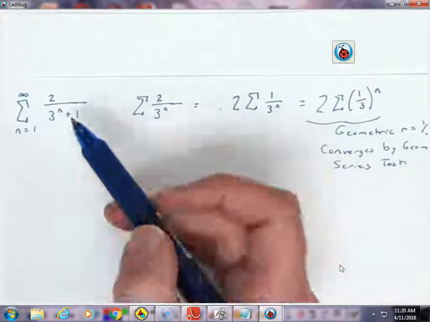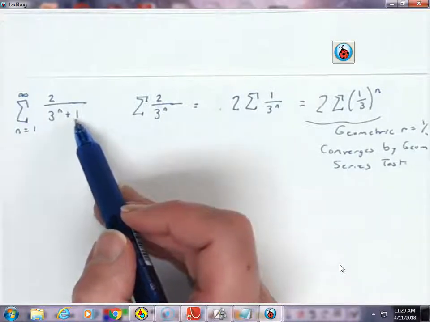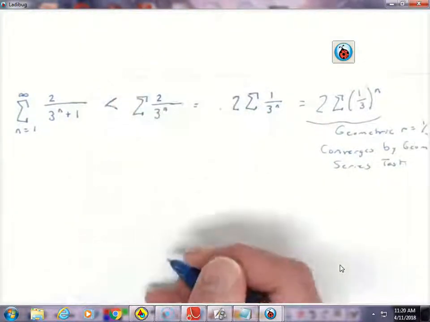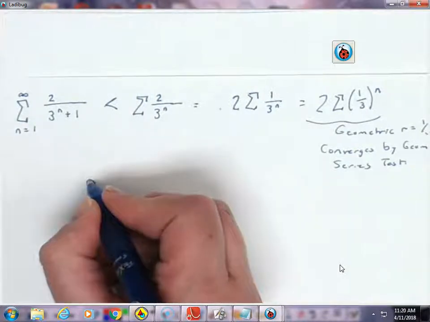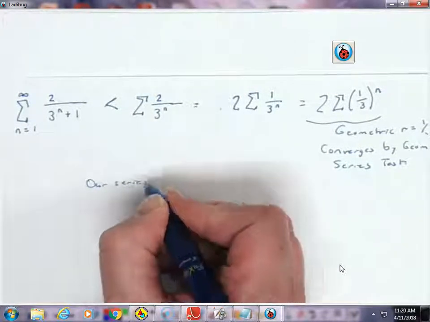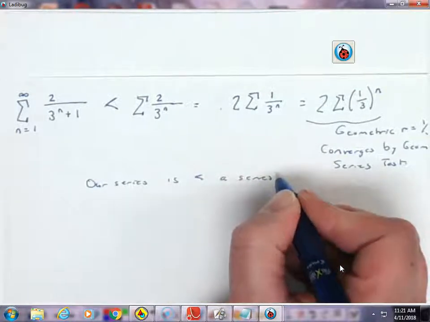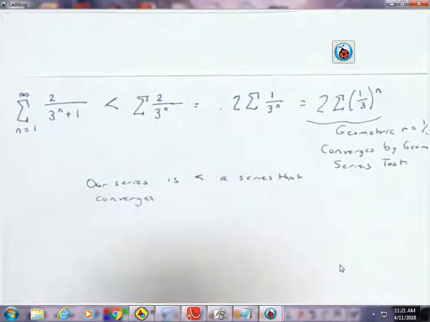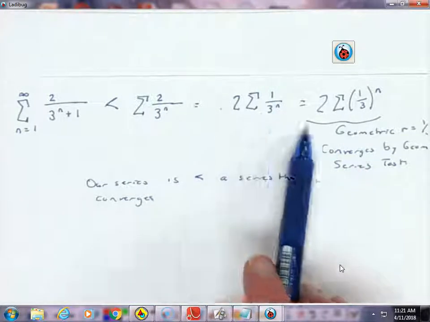So the next question is, which one of these is bigger? Well, if you're dividing by a larger number, that's going to make this smaller. So basically, our series is smaller than the series that converges. Now, you don't have to write that part. You're saying that this series is smaller than this series, which converges.